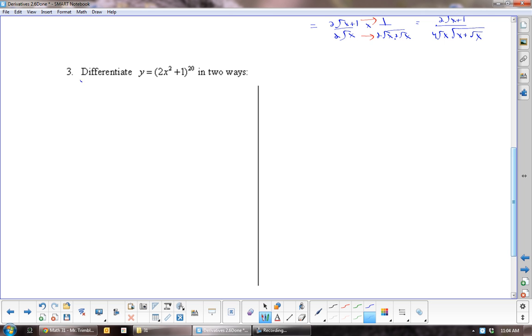But okay, now I'm going to differentiate this in two ways. Now, if you use the Leibniz notation, it likes to say that u equals 2x squared plus 1.